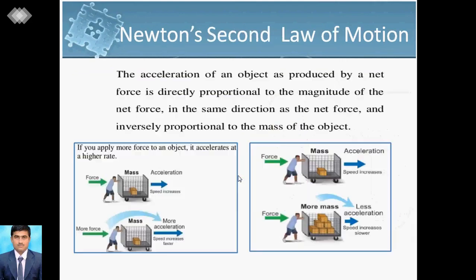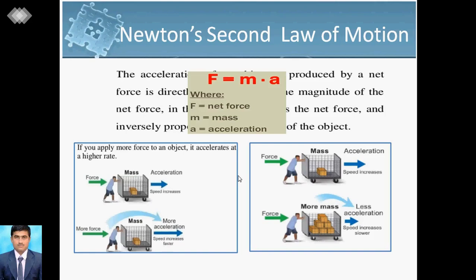The next term is Newton's second law of motion, which is also the law of acceleration. First of all, we know the relation between force and acceleration: F is equal to m into a, that is, force equals mass into acceleration.